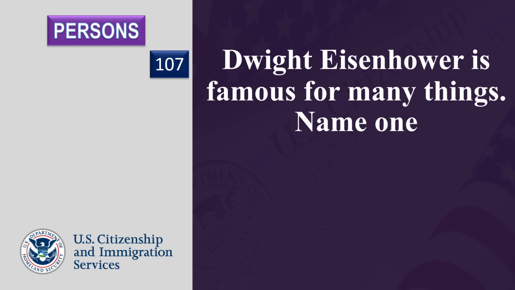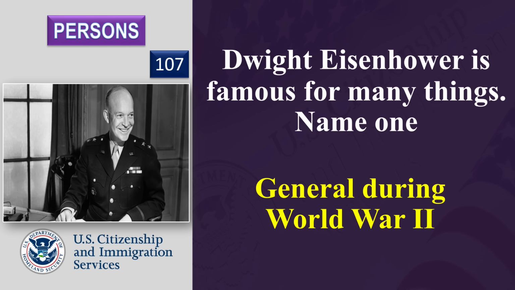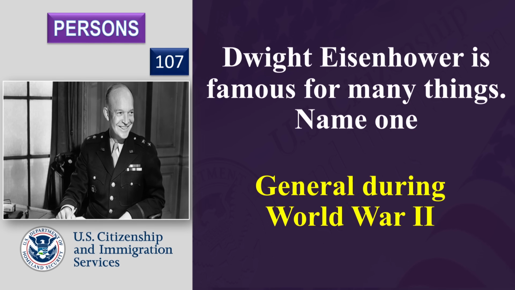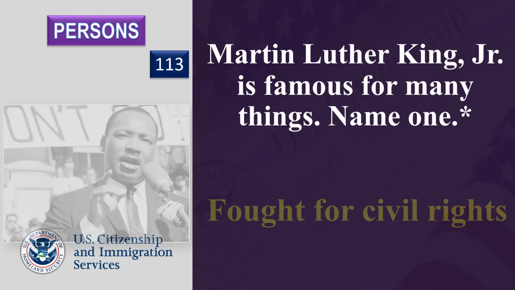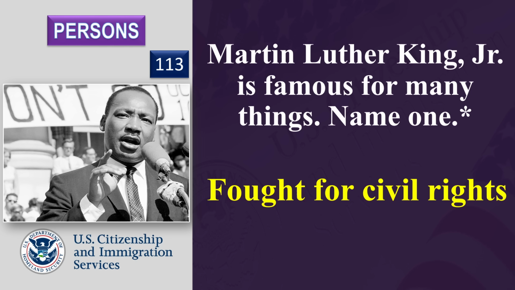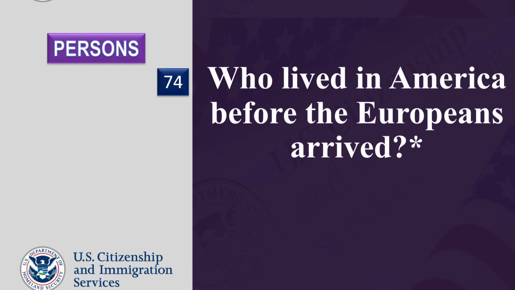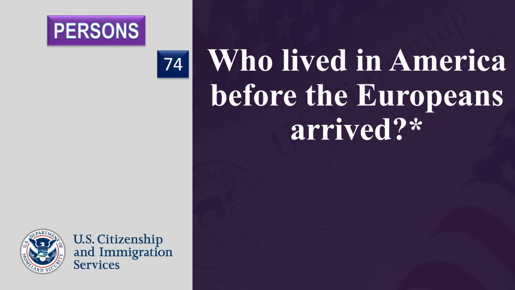Dwight Eisenhower is famous for many things. Name one. General during World War II. Martin Luther King Jr. is famous for many things. Name one. Fought for civil rights. Who lived in America before the Europeans arrived?